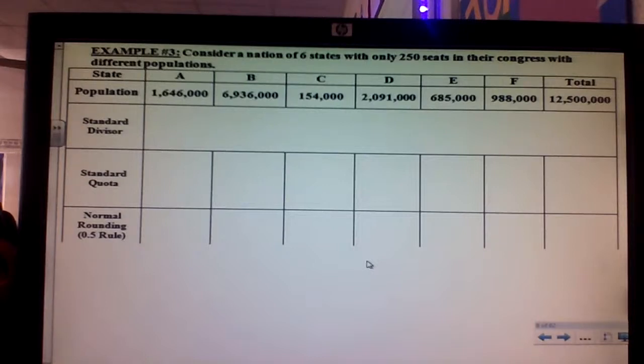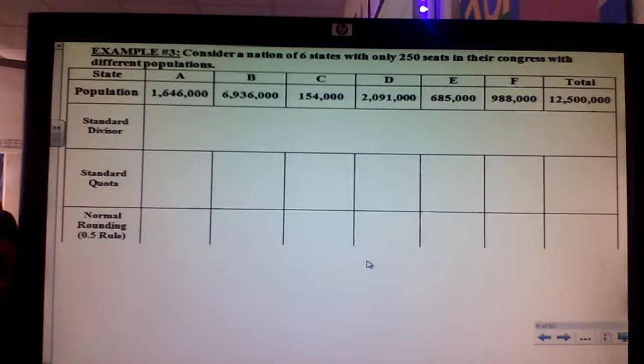These are big numbers. Okay, so I have 6 states, and they each have an individual population. The first thing I need to calculate is my standard divisor. You're gonna have to do this with every problem.